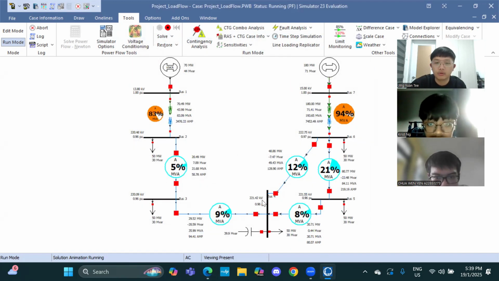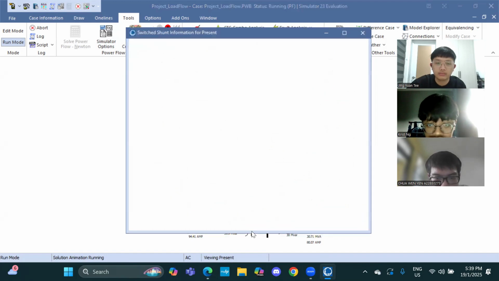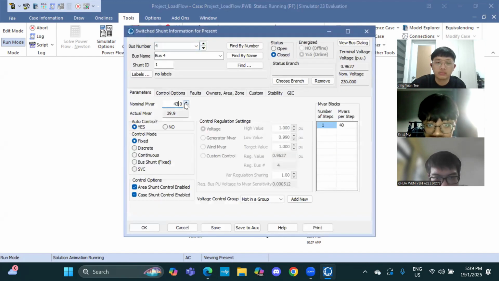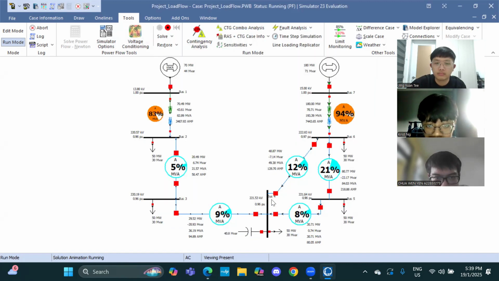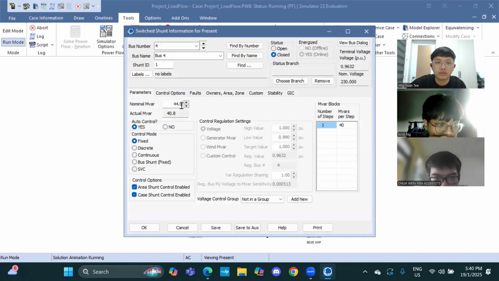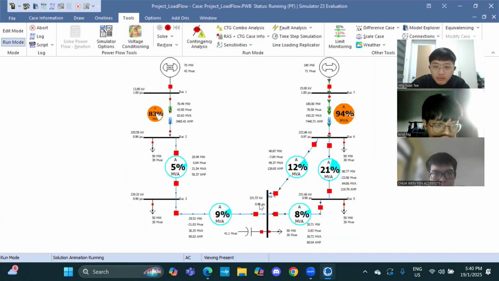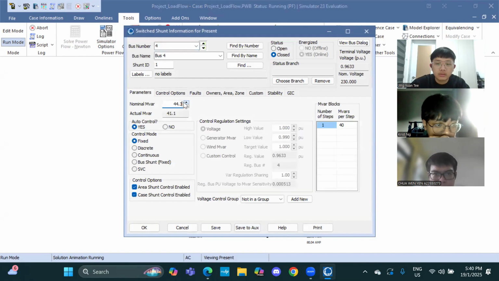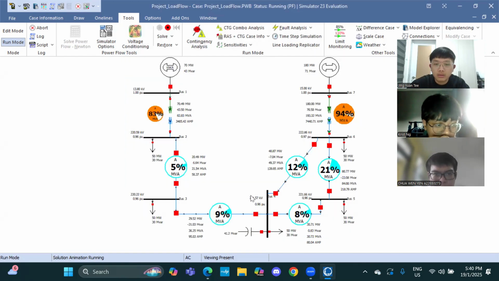You can see that the voltage at bus 4 increases, and we try to increase it again. Okay, still a bit. All right, so it's 221.57 now. Okay, it's the same.